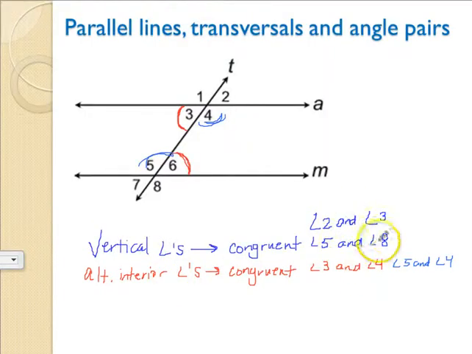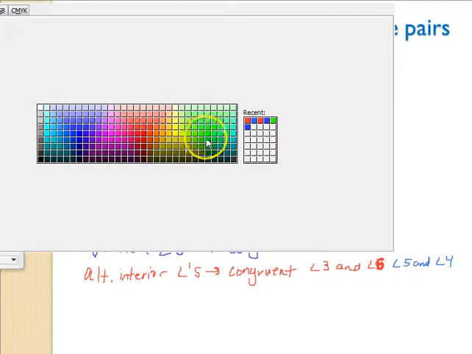I don't know where I was looking there. 3 and 6 is one pair. 3 and 6 and 4 and 5 are the other set of alternate interior angles. So that's 3 and 6. I apologize, I don't know why I put that as 4. So 3 and 6 alternating on different sides of the transversal and interior to the two parallel lines, as well as 4 and 5.